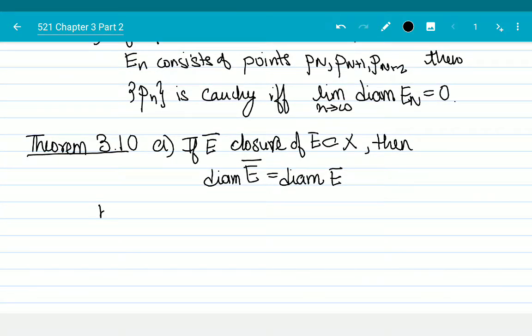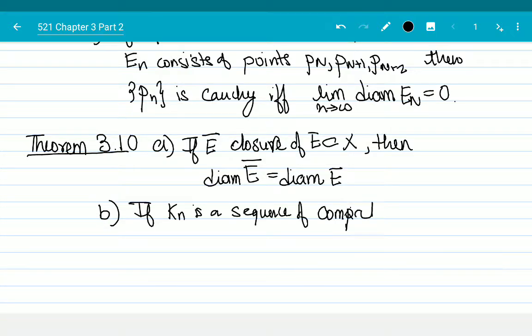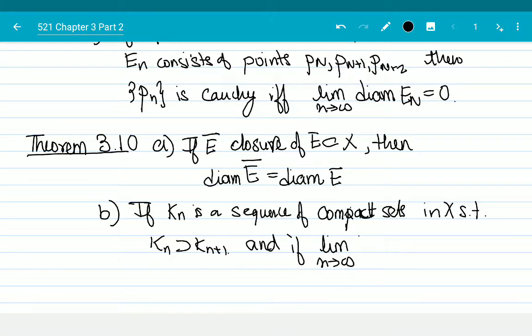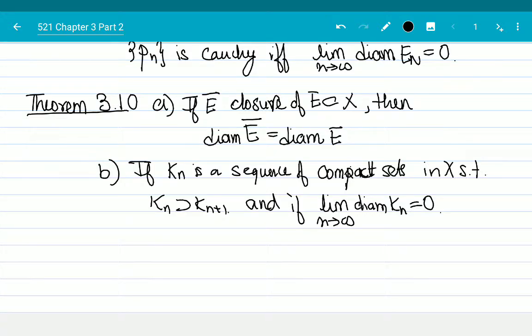Okay? And part B, if Kn is a sequence of compact sets in X such that Kn contains Kn plus 1, and if their diameter is going to 0, then we know from before that the intersection of these is non-empty.